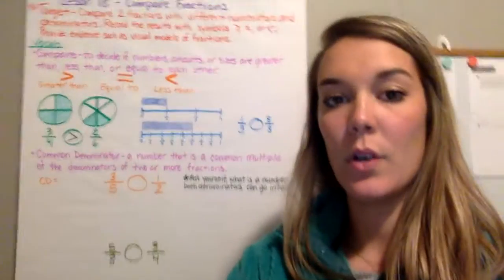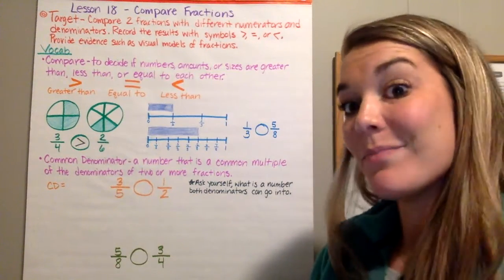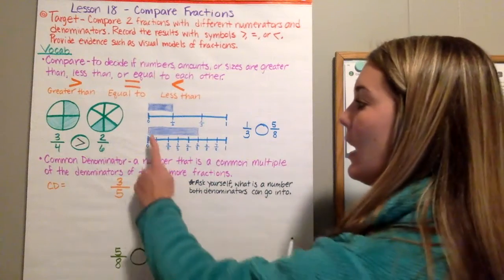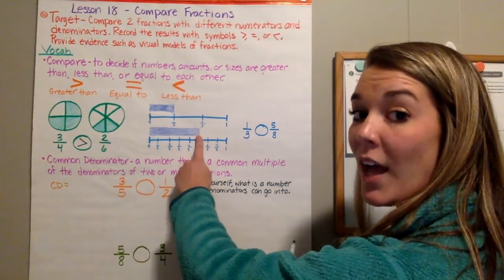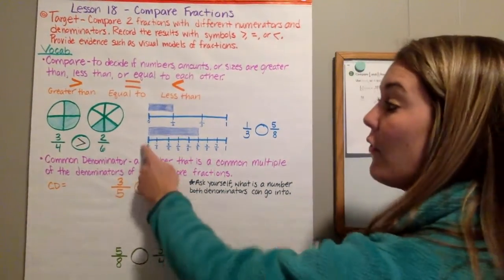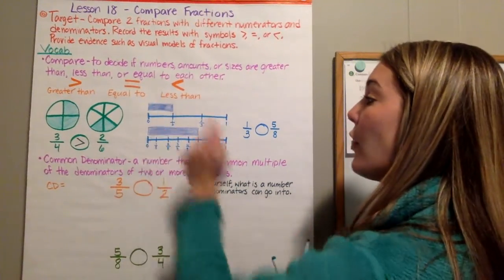So I'm going to visually look, and also I have some numbers on this number line that are pretty clearly showing me 5/8 is clearly going further down the number line than 1/3, right? It's safe to say that 5/8 is greater than 1/3.